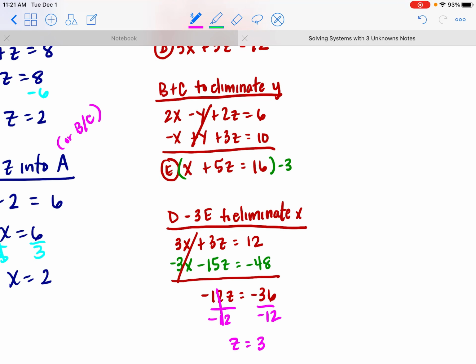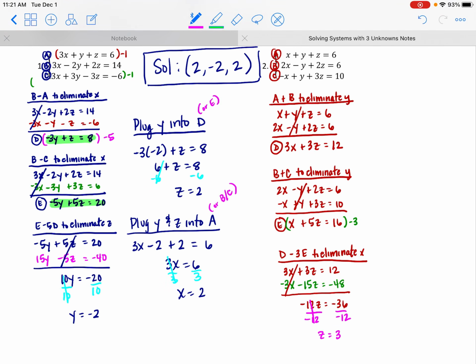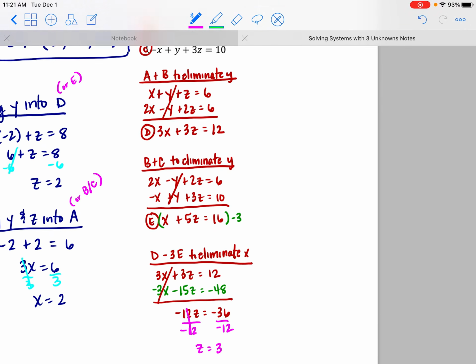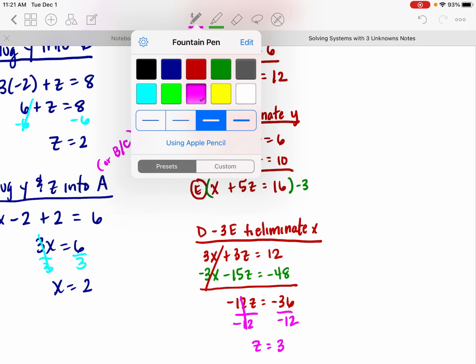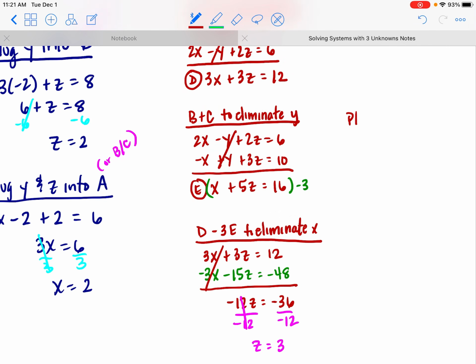So it's back substitution from here. So I found the solution for Z. Now I need to plug that into either D or E. E looks a little easier for me, so I'm going to plug into E, although it doesn't matter if you use D or E. So plugging Z into E, we're going to have x plus 5 times z, which we just found was 3, that has to equal 16.